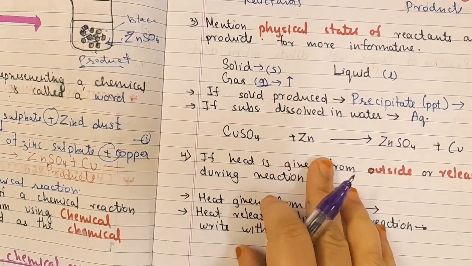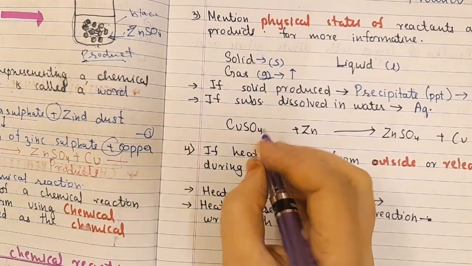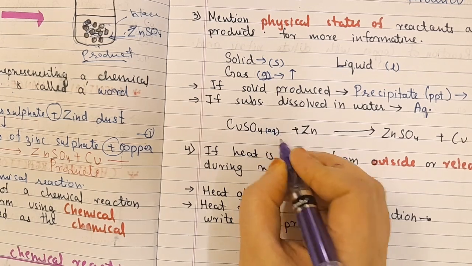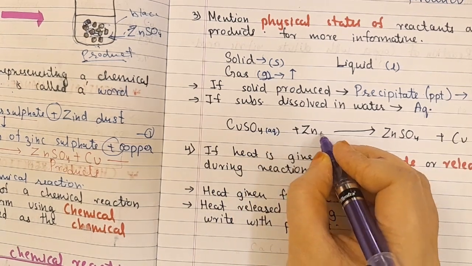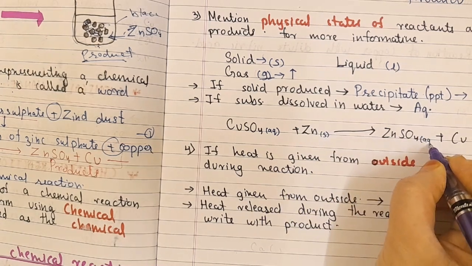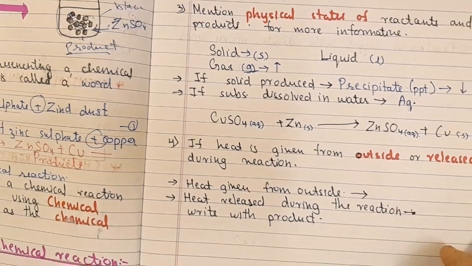So in this reaction, copper sulfate is aqueous, so we write aq. Zinc is in solid form, so S. Zinc sulfate is again an aqueous solution, and copper is in solid form, so we write S.